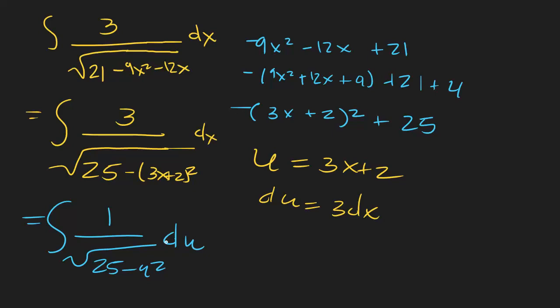This tells you that when you're integrating something where you have a squared and then u squared, it's essentially going to be inverse sine of u over a, plus c.